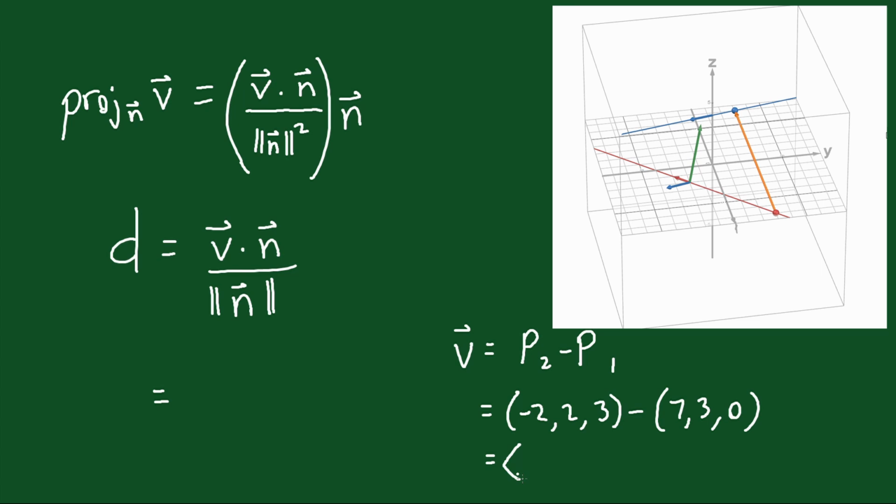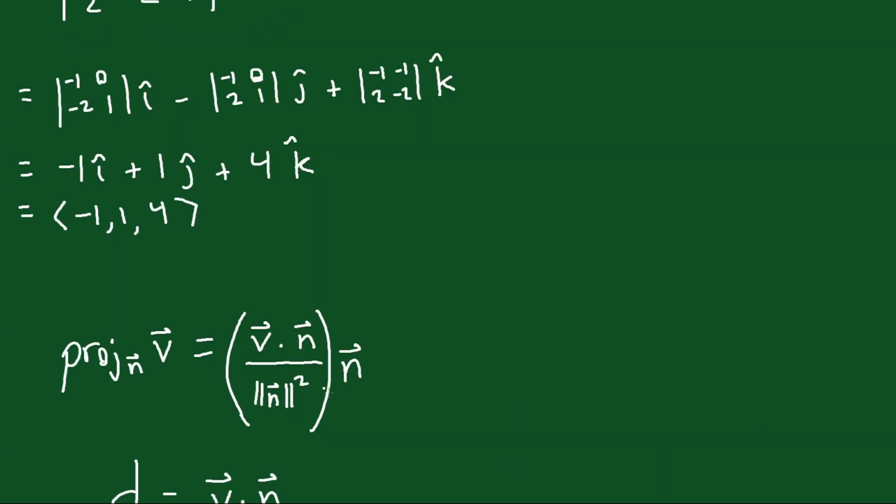So vector v will be -2 minus 7 is -9, 2 minus 3 is -1, and 3 minus 0 is 3. So this is our vector v. So we take that vector and we do the dot product with vector n, the normal vector, that green vector here. What is the green vector? Well, we said up here it was -1, 1, and 4.